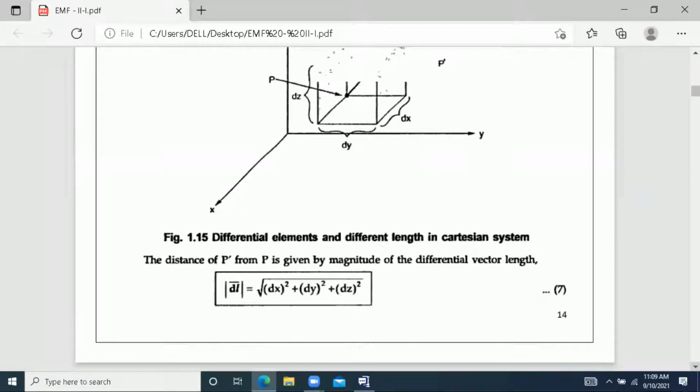So then, you're moving from a point P to some other point P prime.